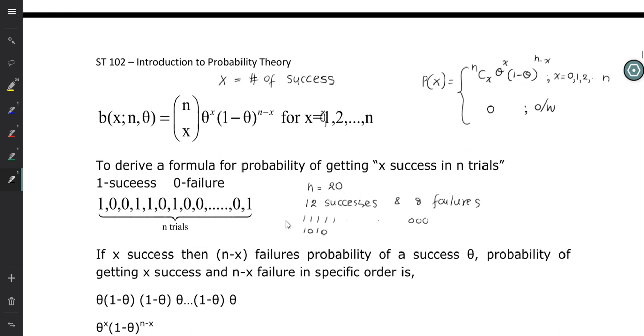So you can choose out of 20, 12 ones. You have to consider all possible ways that you can have 12 successes and 8 failures. All these possible combinations of 12 ones and 8 zeros are handled using this n choose x expression. So that is how you get the binomial PMF.